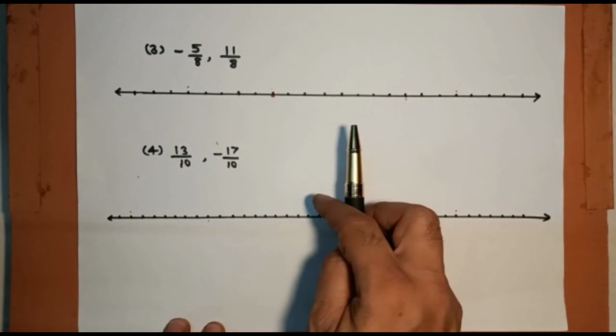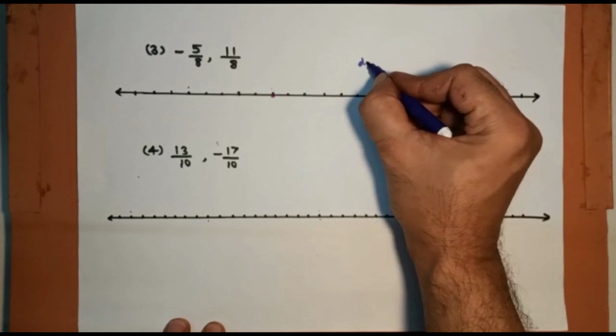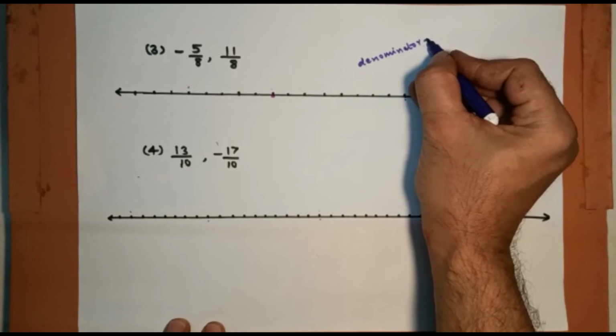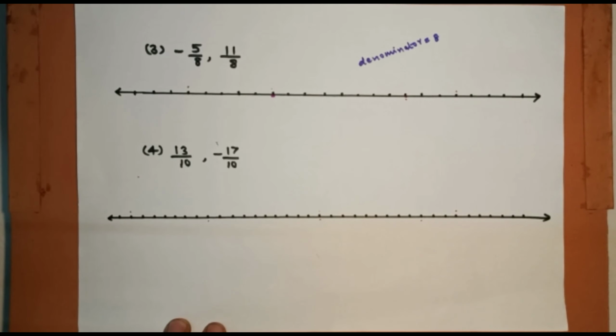After plotting, try to observe the denominator. Here the denominator is equal to 8. That means between two consecutive integers there will be 8 divisions.